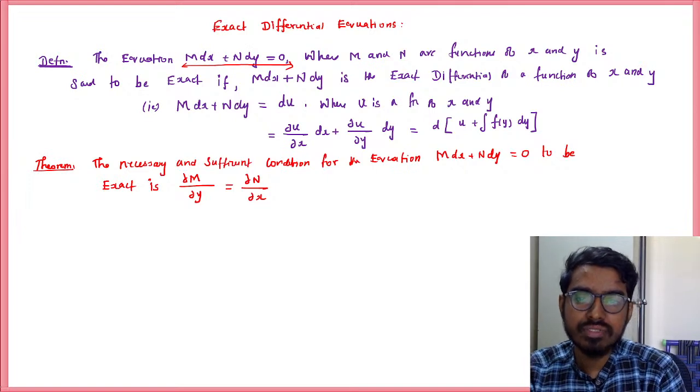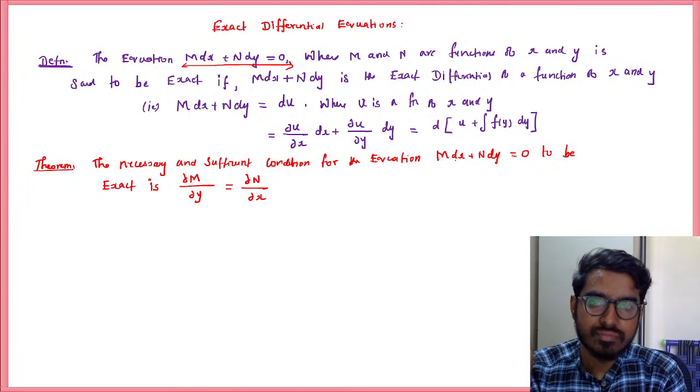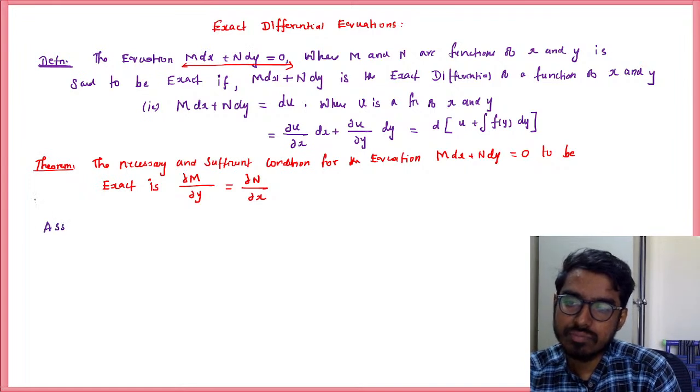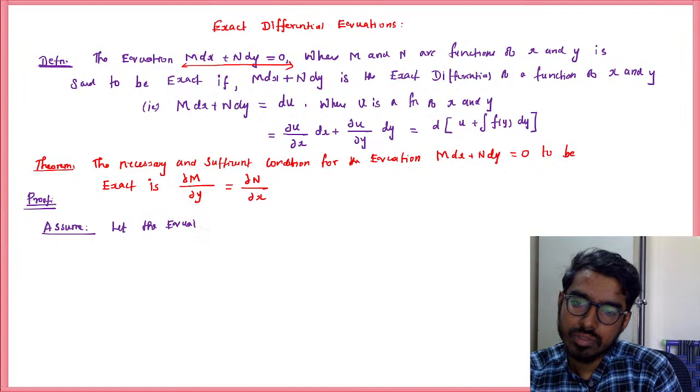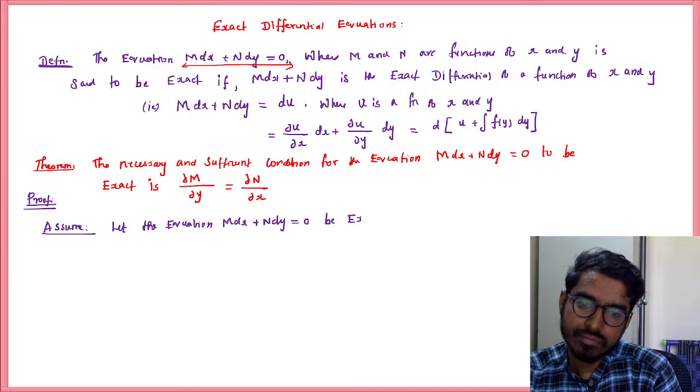So first what we'll do is we will assume that Mdx plus Ndy is exact, and then we'll prove this. After that we will assume this and then we'll prove the other. Assume: first, let the equation Mdx plus Ndy is equal to 0 be exact.